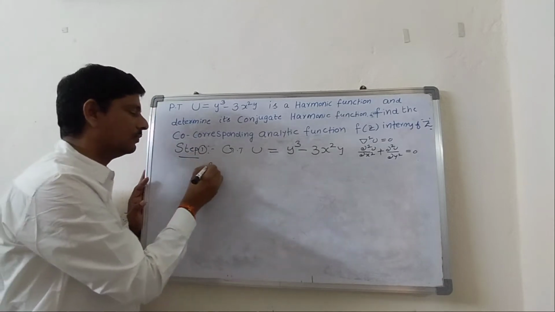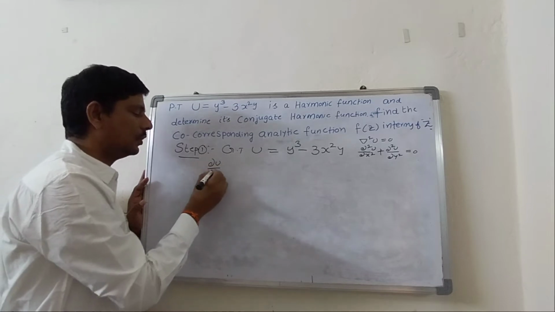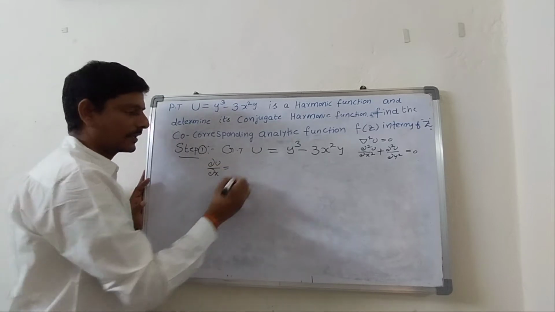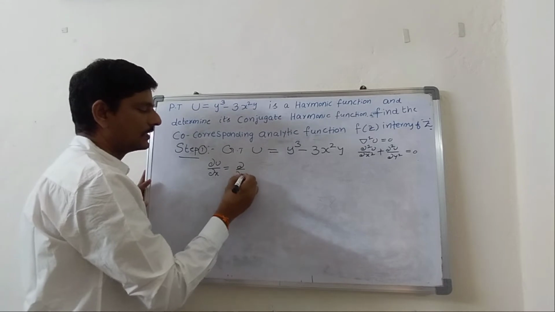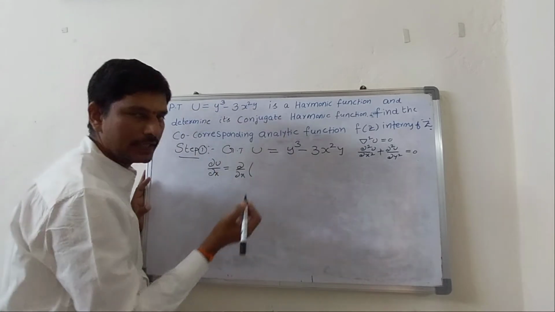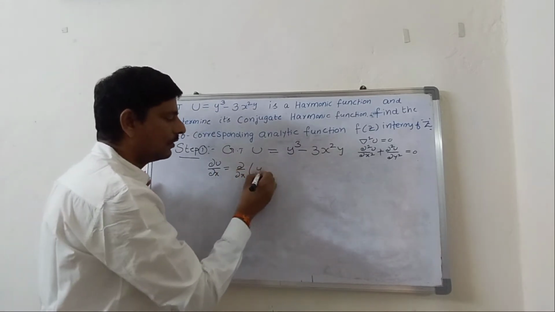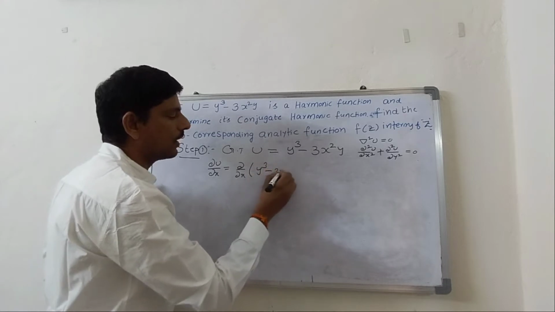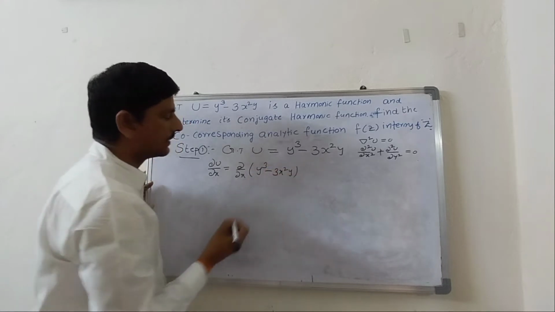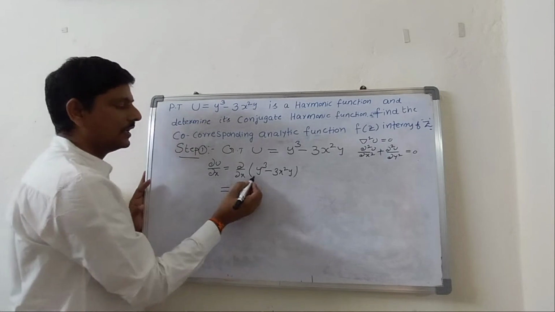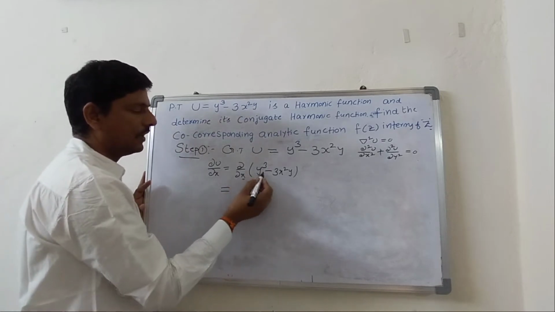Okay, now we are finding dou u by dou x. So dou u by dou x is nothing but, already we know clearly how to find the partial derivatives, dou by dou x of y cube minus 3x square y. Clear? So here it is x, here it is y, only y alone in this function.